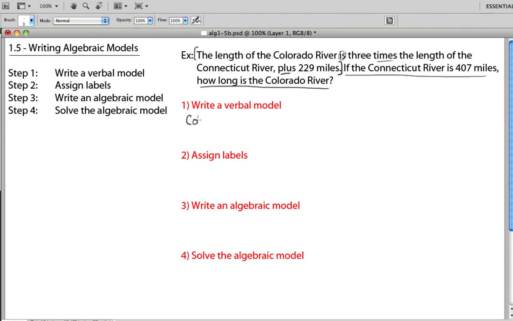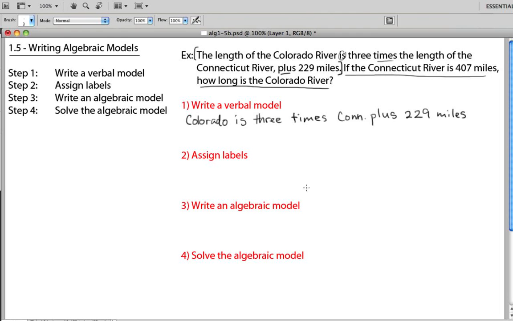I'll write Colorado River is 3 times Connecticut River plus 229 miles. So that would be my verbal model.